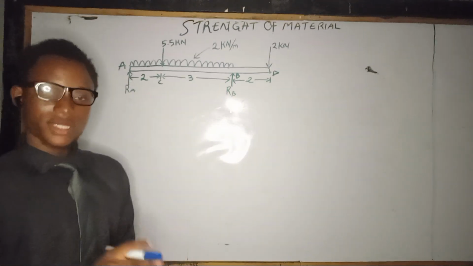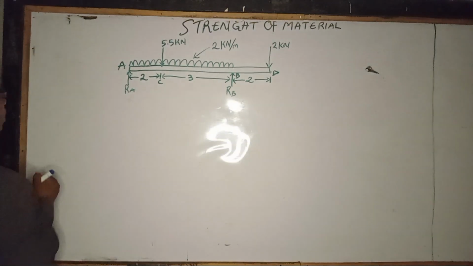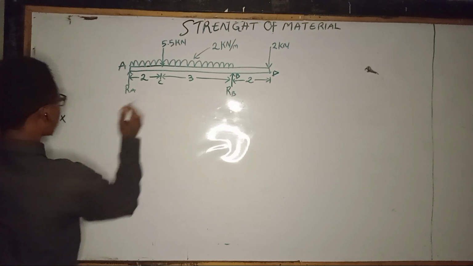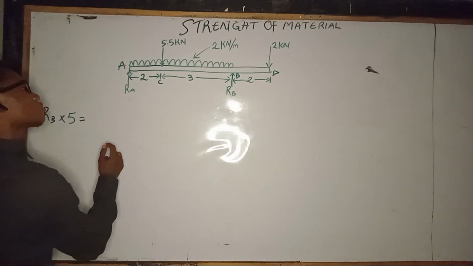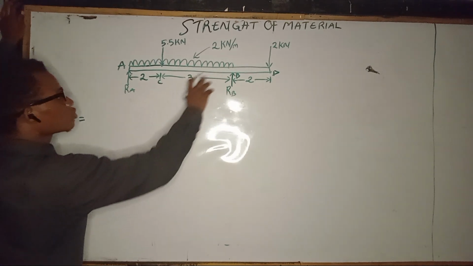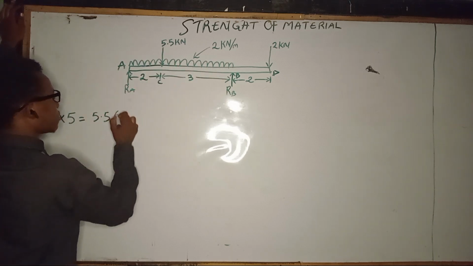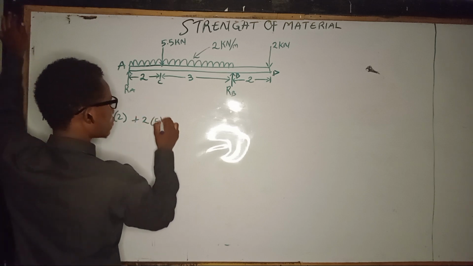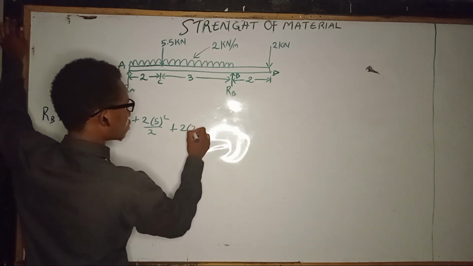Now, as usual, the first thing we do is look for our reactions. So taking moments, our reaction at B times this distance here, which is 5, would be equal to 5.5 times 2, plus 2 times 5 squared divided by 2, plus 2 times 7.